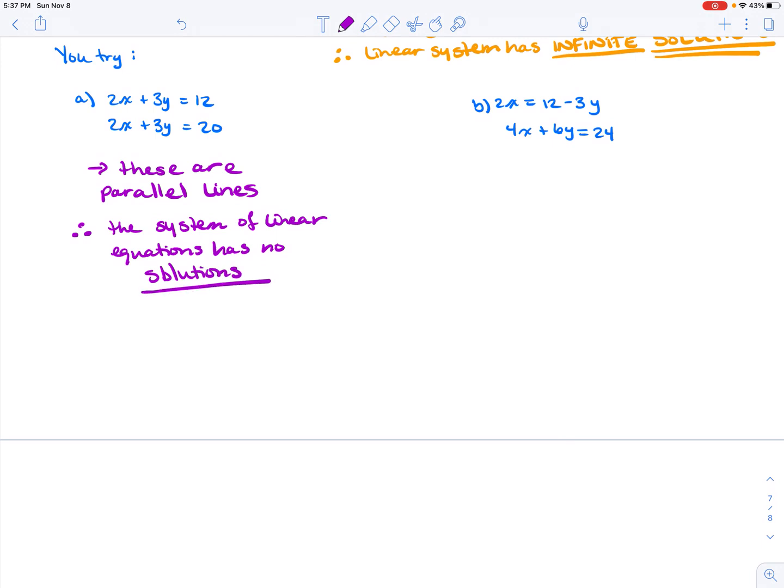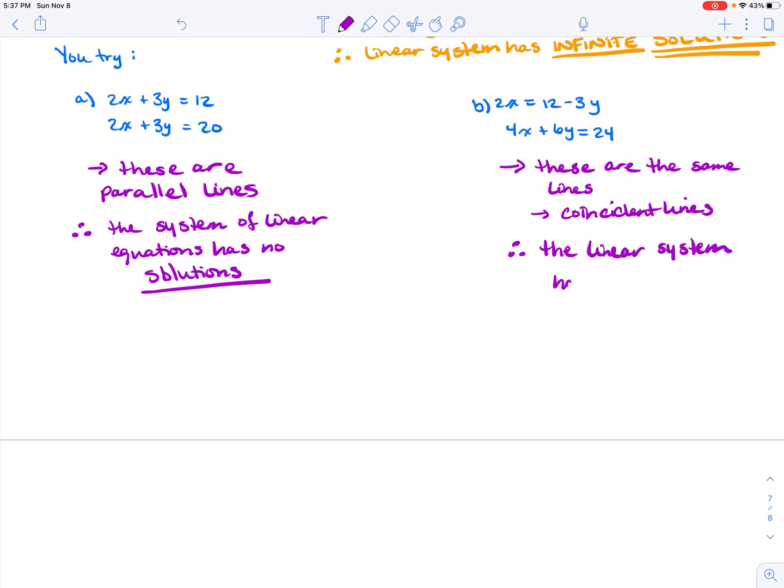And in B, you would have found that these are the same lines. They are coincident lines. So therefore, the linear system has infinite solutions.